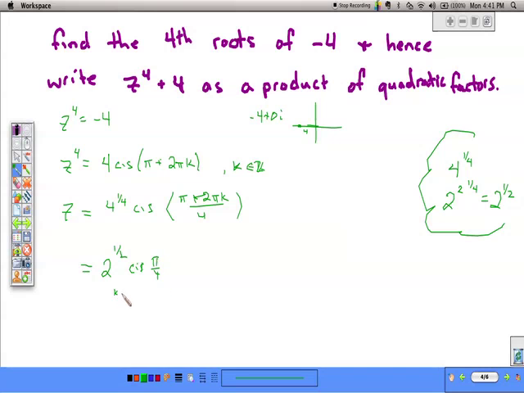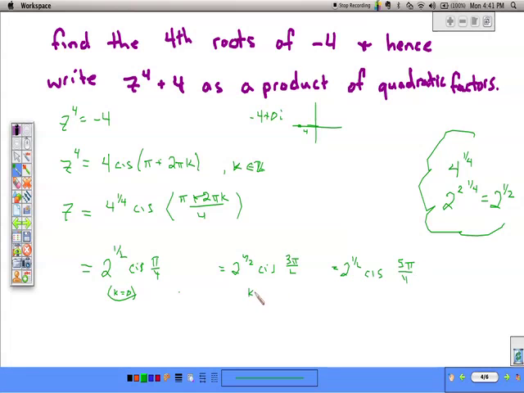That's when k equals 0. Or we could have the square root of 2 cis 3 pi over 4, or we could have the square root of 2 cis 5 pi over 4.